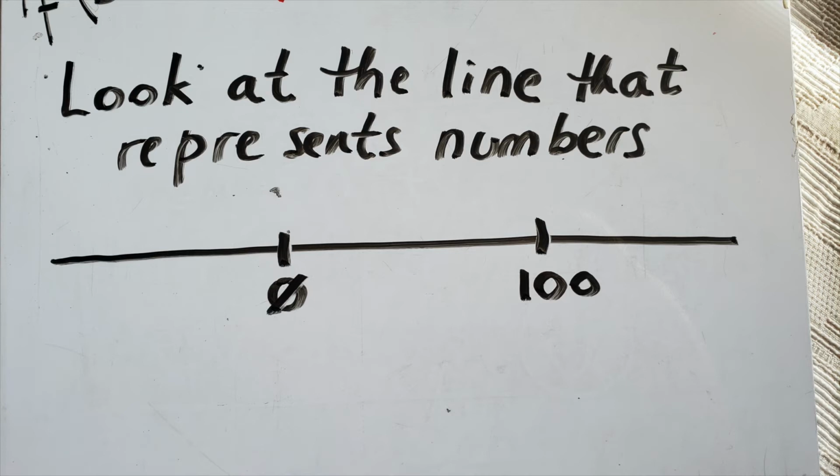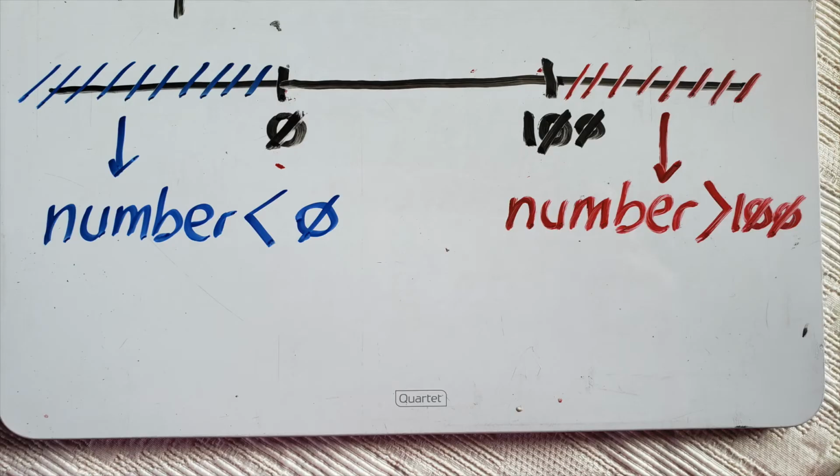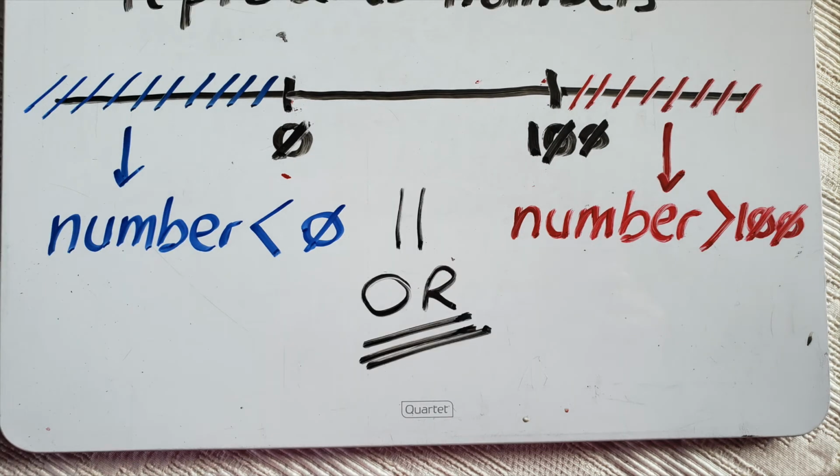Graphically, this is why we would use OR rather than AND. Take a look at the line of numbers, the segment 0 to 100. If you want to check for a number outside of the range, it will be on the blue area, that's less than 0, or on the red area, that is greater than 100.